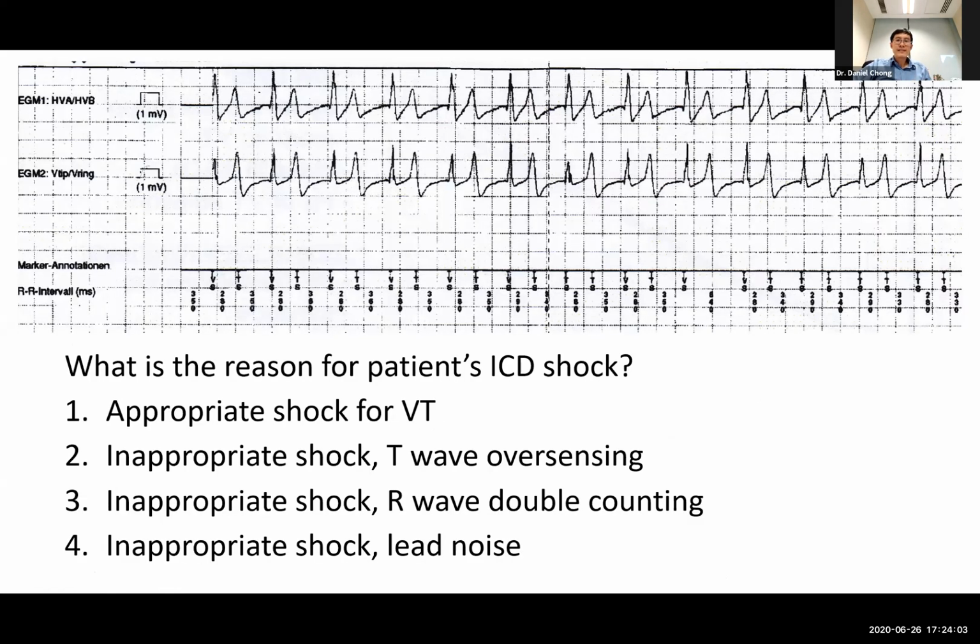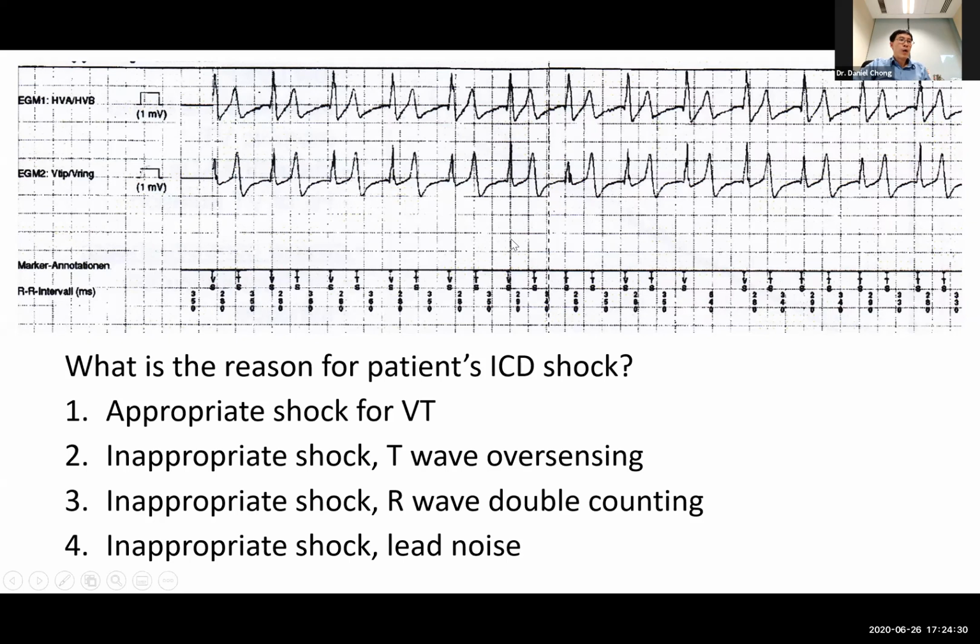So this is the tracing of one of the events. This is not the one with the shock, but this is the one with the event. The patient did get a 30 joule shock, but this is the tracing for one of the events.